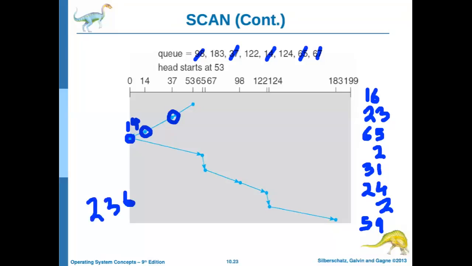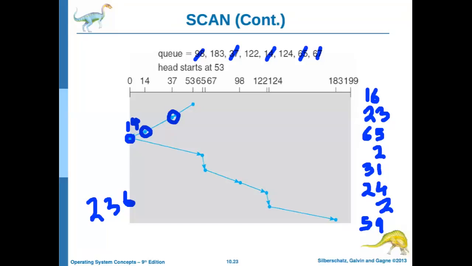The advantage of this SCAN is we are actually reducing the head movement by moving in one direction only. Rather than going back and forth, we'll take one path and we'll serve the requests on that path. Okay. Now you may ask the question why it is going from 53 towards 0. Not necessarily.